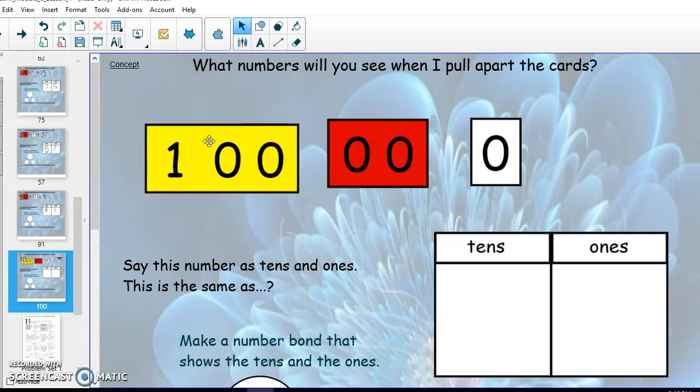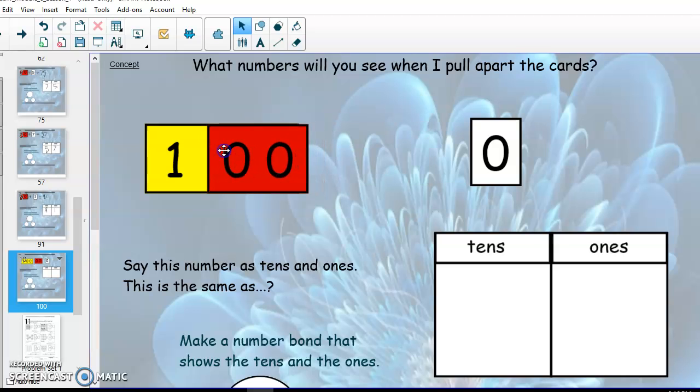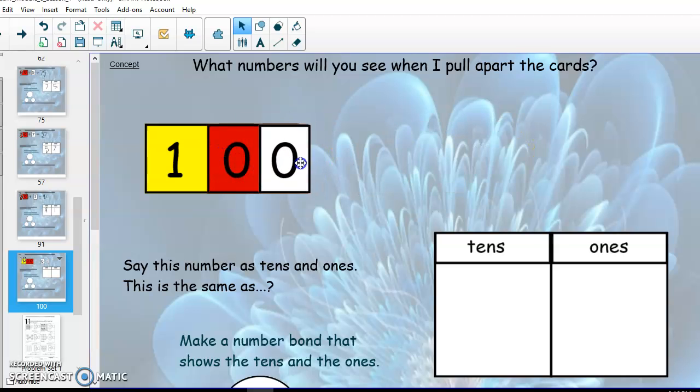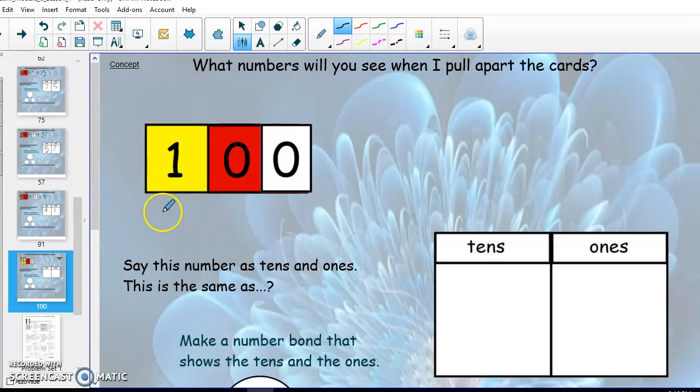Okay, how many 10s? Let's put this back together. How many 10s are in this number, guys? This is a tricky question, but how many 10s are in this number? 10. There are 10 10s in this number. And how many 1s do we have? None.